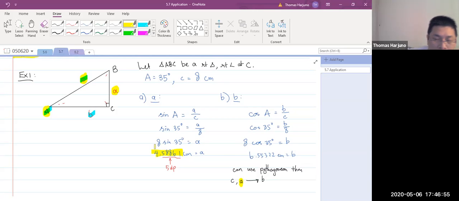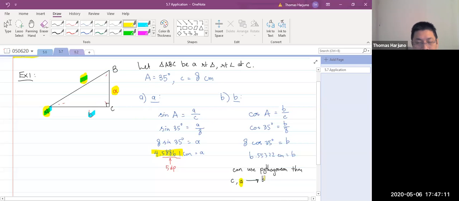It's already quite accurate, but we risk compounded rounding error. Another bigger problem is that whatever you get for b here, if you use the Pythagorean Theorem, relies heavily on the fact that you did part A correctly.